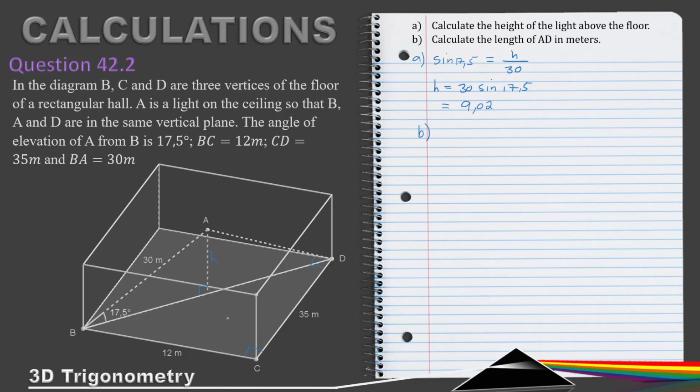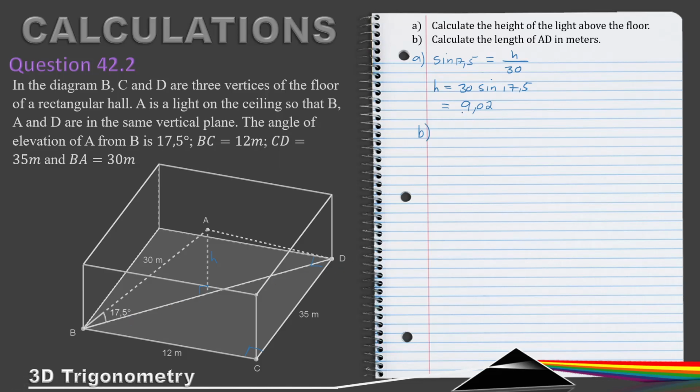All right. Now, if we look at AD, we can see that's in this triangle. And if we can find BD, we've got two sides with an included angle, and then we need to find the opposite side, which gives us enough information to use the cosine rule. So now finding BD. If we look at this information given over here, this is a right angle triangle. So very easy to find BD.